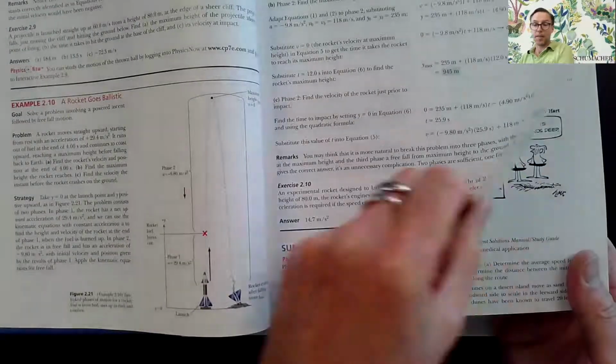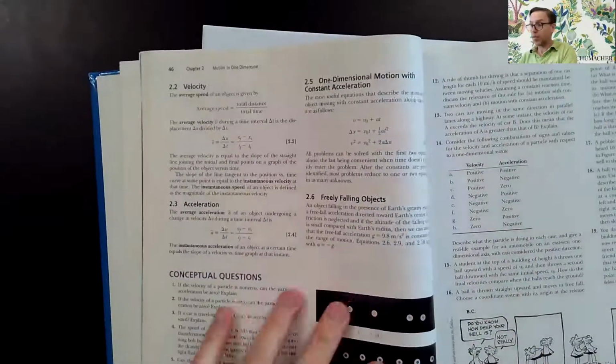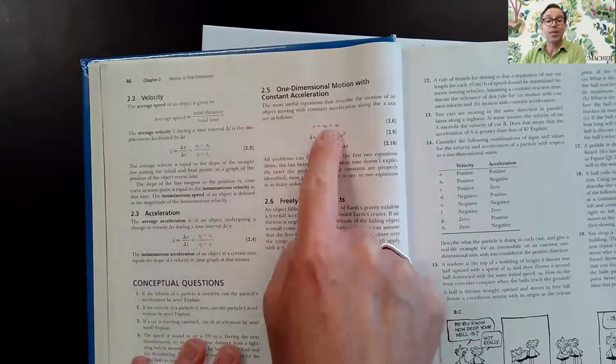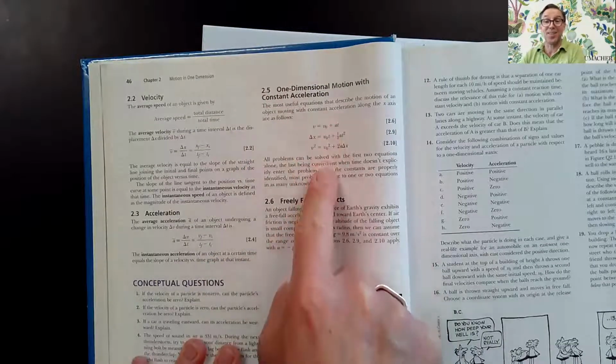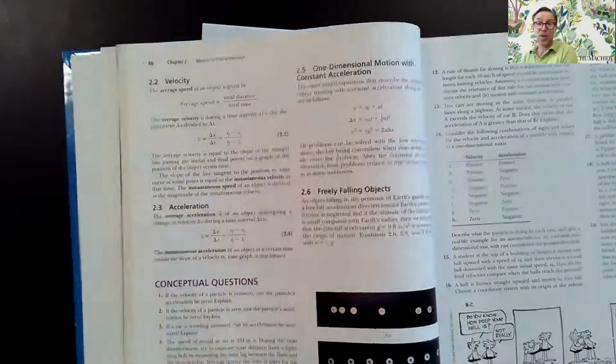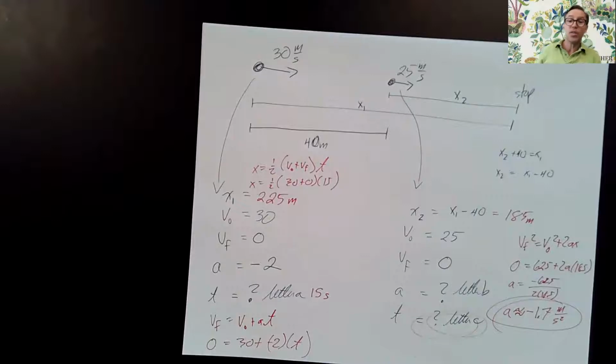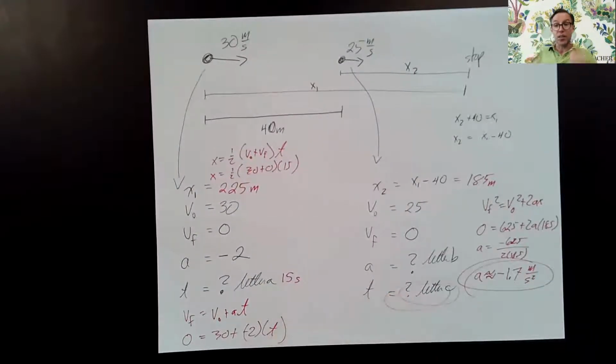The summary begins here. And on the next page, the summary tells me, hey, for section 2.5, you should use the kinematic equations, which are the equations I used here. So use the chapter summary to figure out which equations to use.